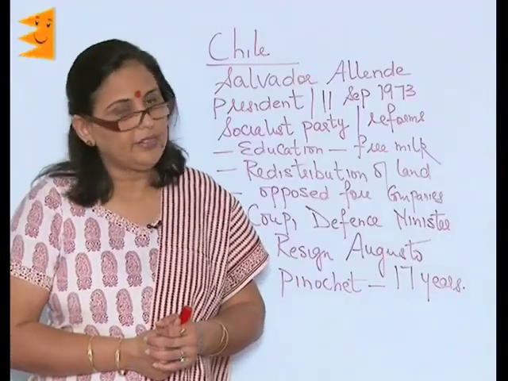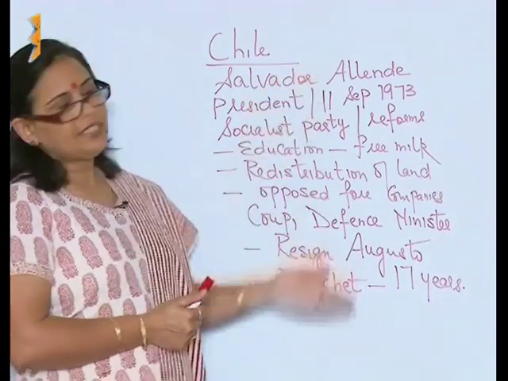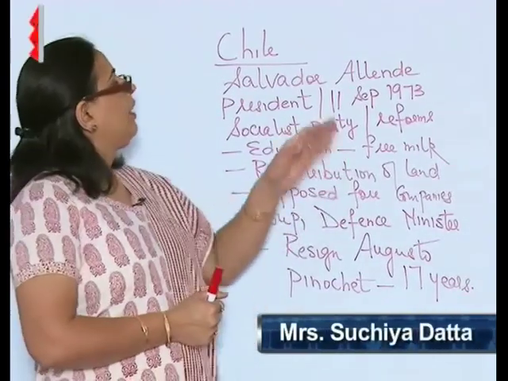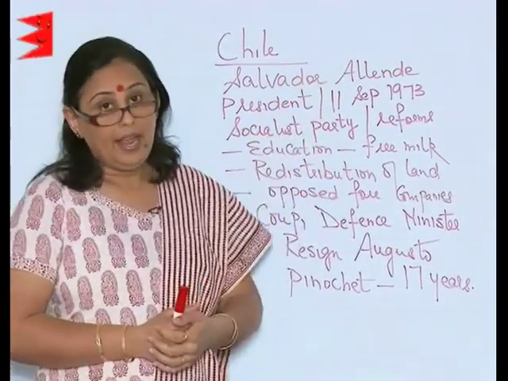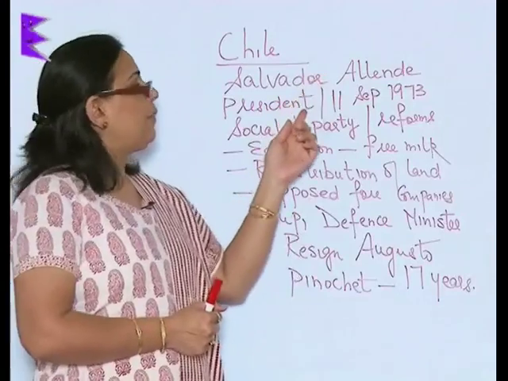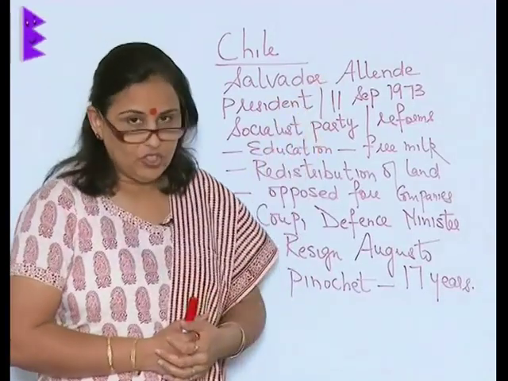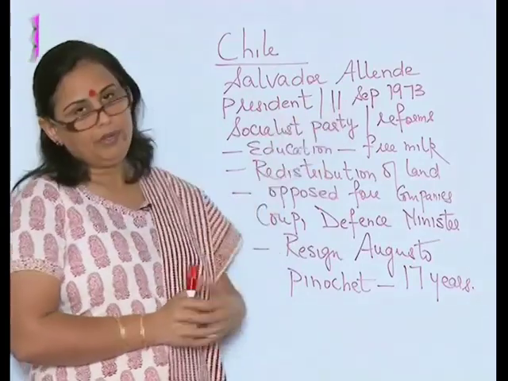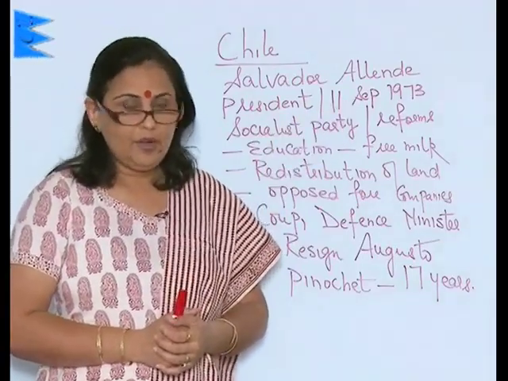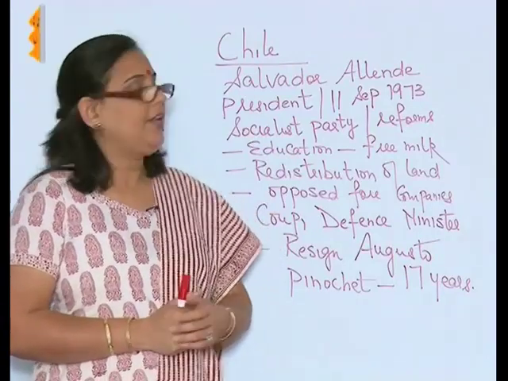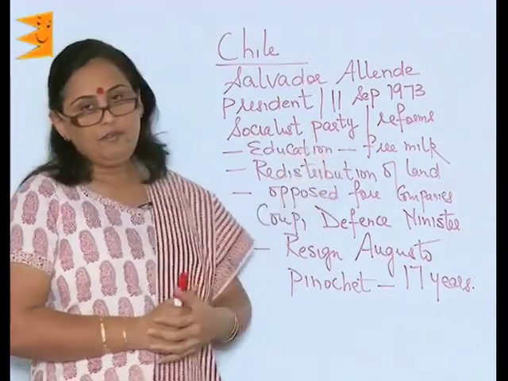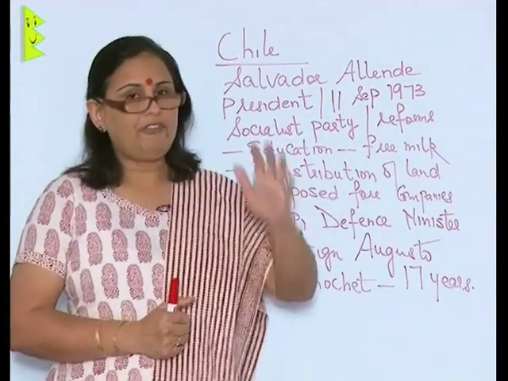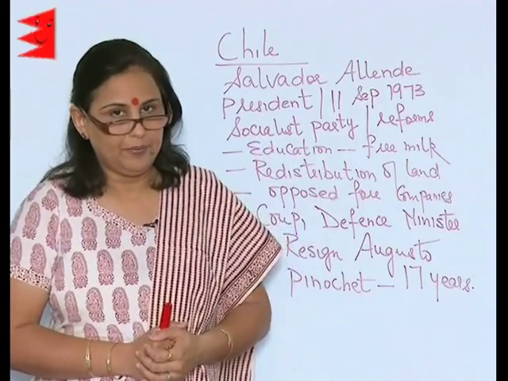Now let's start with the chapter, and the first country that we shall be visiting is Chile. In this country, Chile, the then president was very generous, nice and popular amongst his people. He was the leader of the Socialist Party of Chile, and when he became the president, he made a number of reforms in his country.